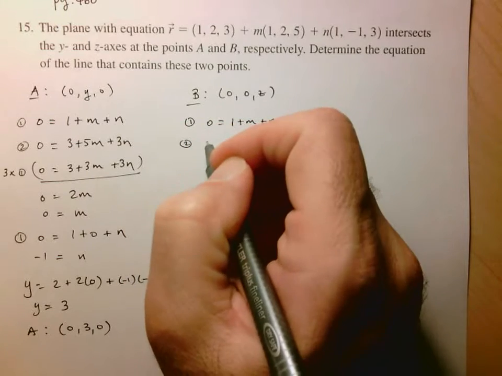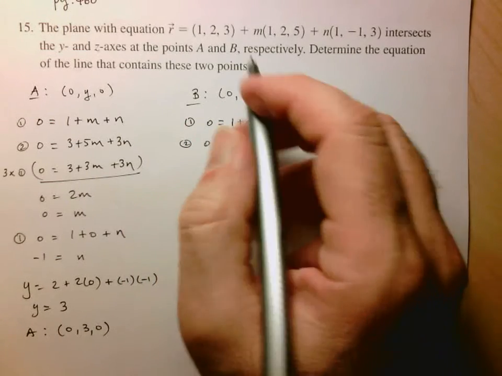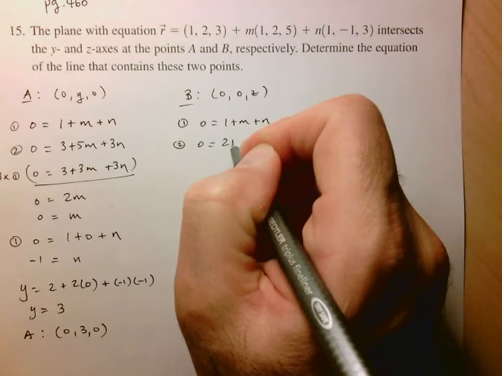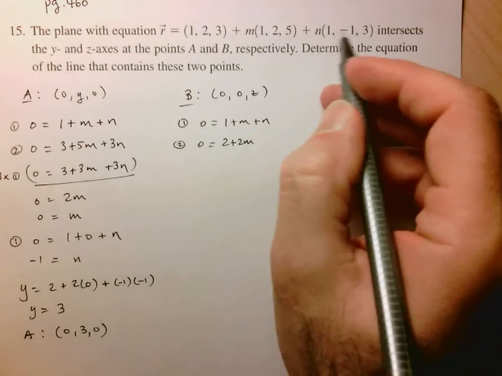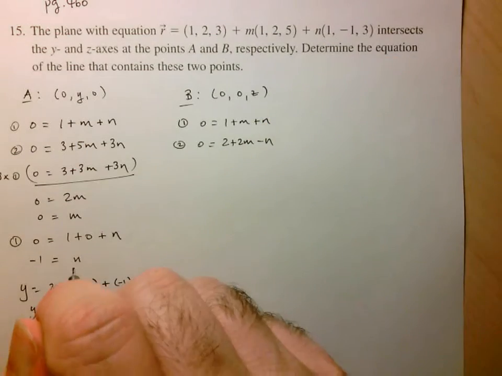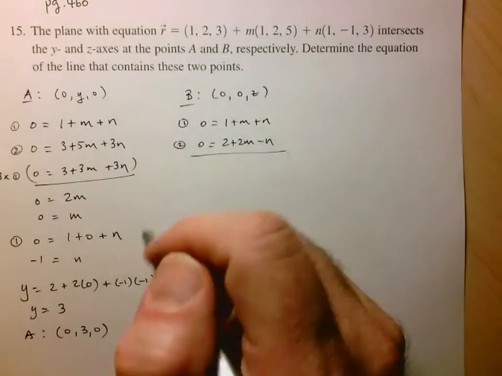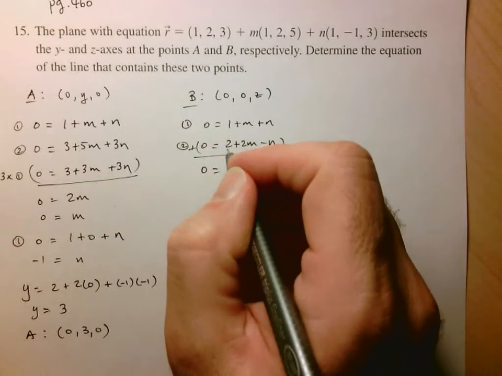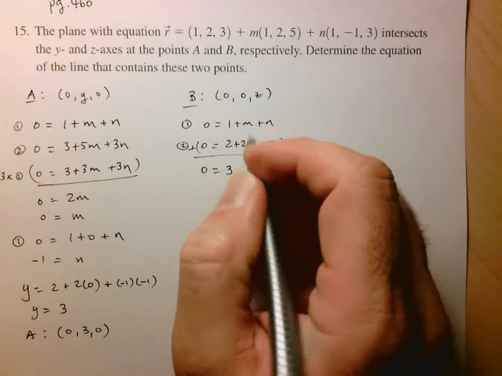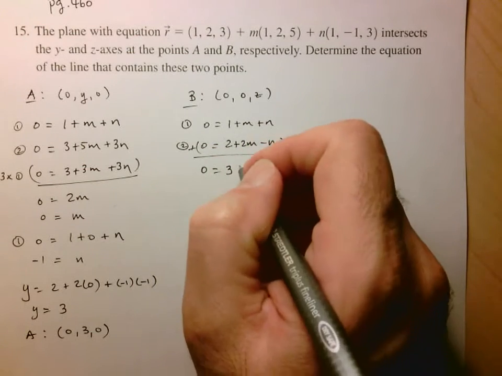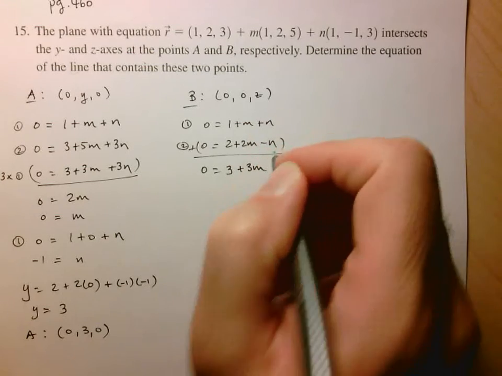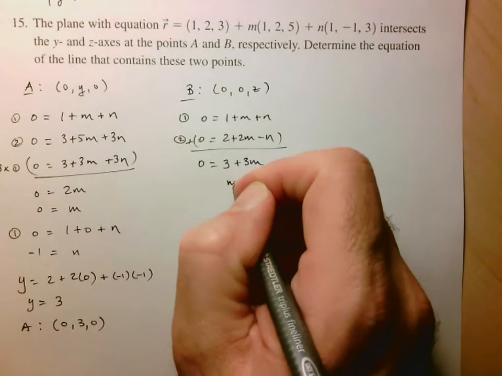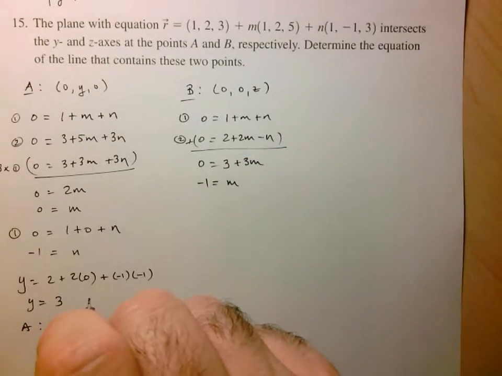And our second equation now is going to be when y is equal to 0, so 2 plus 2m minus n. That's actually nice because I can just add these 2 equations. So we get 0 equals 1 plus 2 is 3, and here m plus 2m is 3m. And of course that's just equal to 0. So m is equal to negative 1.